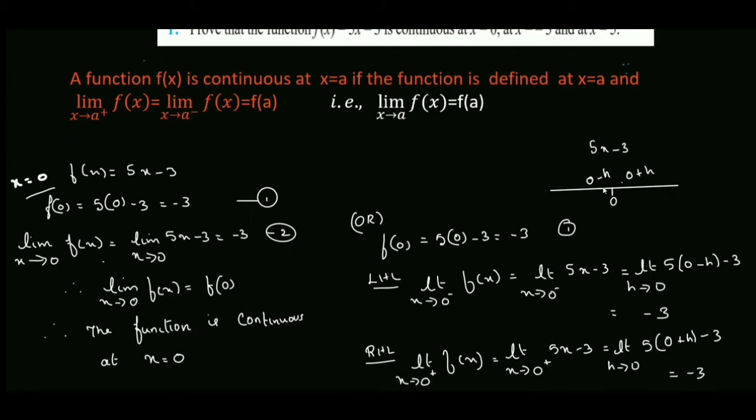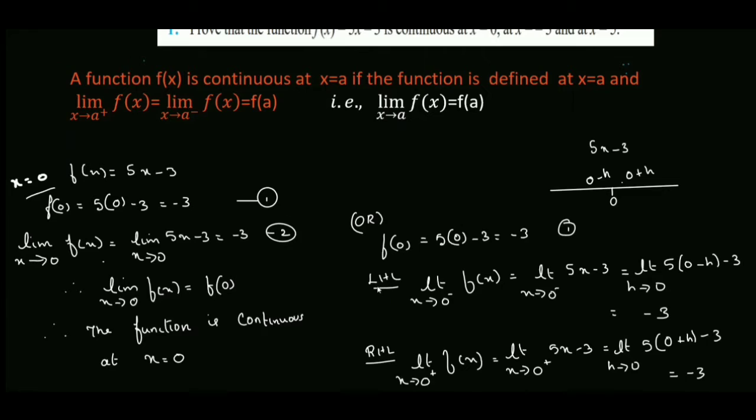If you find the left limit and right limit separately, the same answer we are going to get because the function is the same on the left side and on the right side of 0. For example, at 0 the function is 5x minus 3, substitute x is 0, you get minus 3.